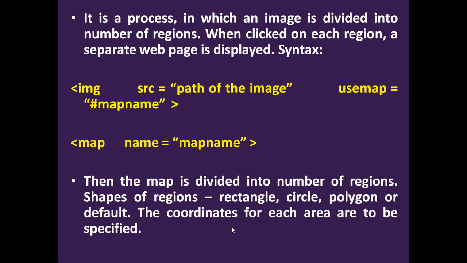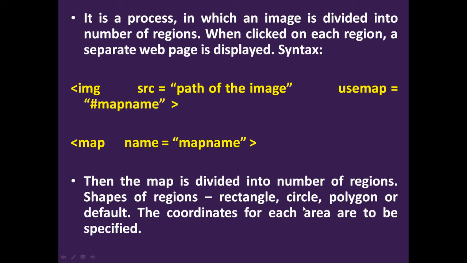And please remember, often we go for rectangle or circle only in case of regular shapes like the Indian flag, where we can go for a rectangle, circle. Whereas very often we go for polygon, because in case of states, where geographical locations are involved, in those situations we have to go for polygon.